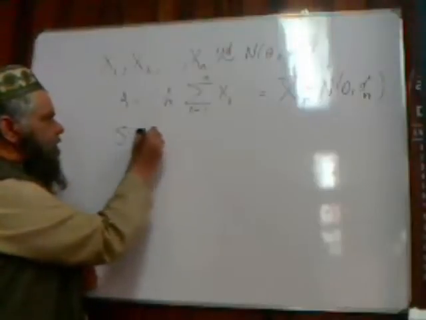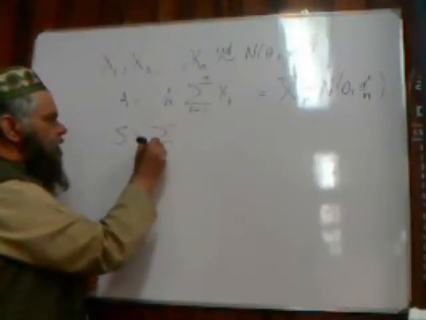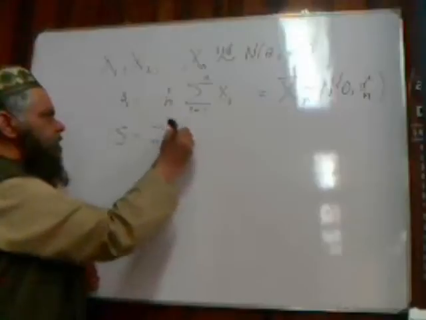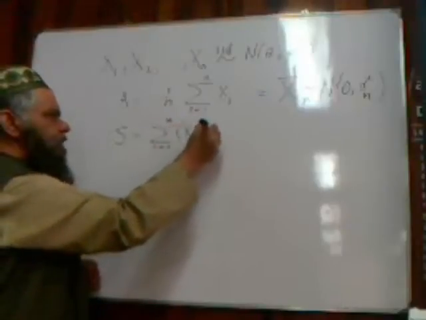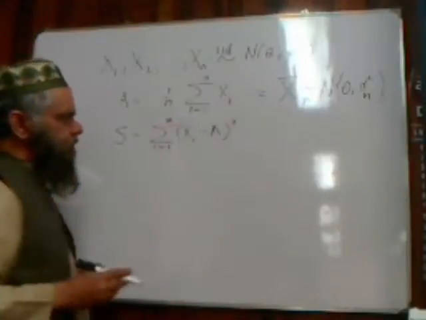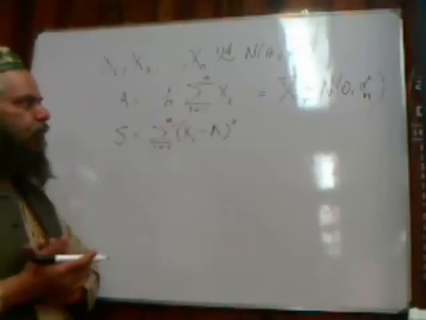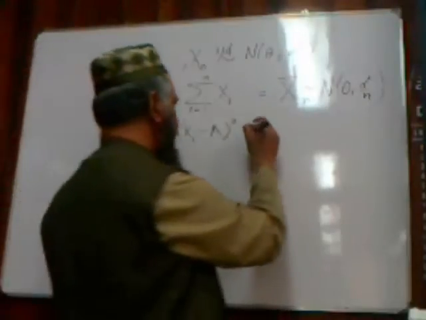Then there is S, which is summation i equals 1 to n, xi minus A, squared. This is the sum of squared deviations.